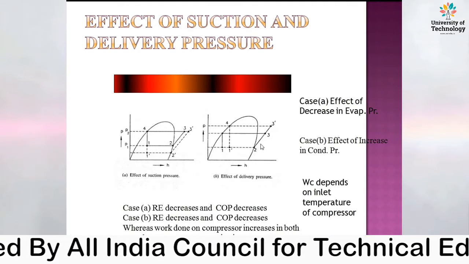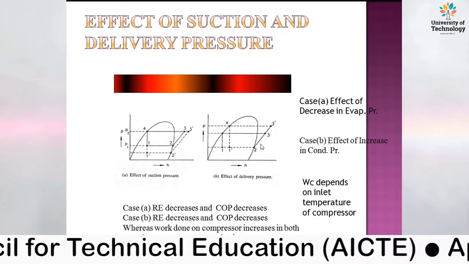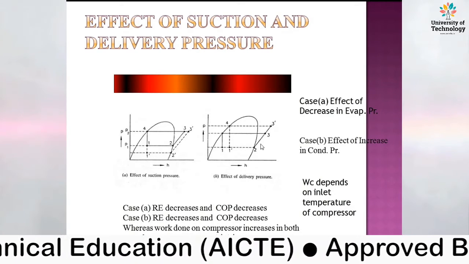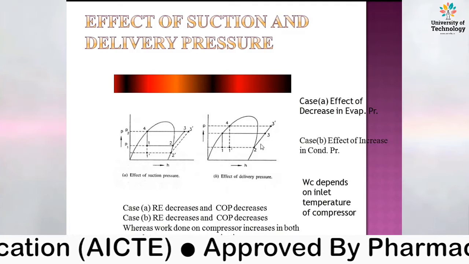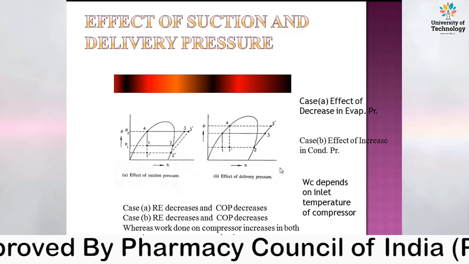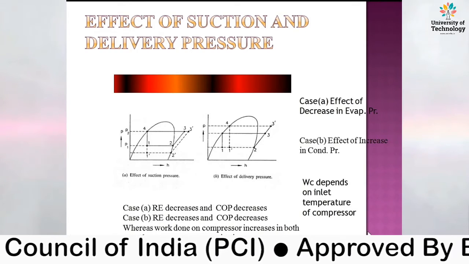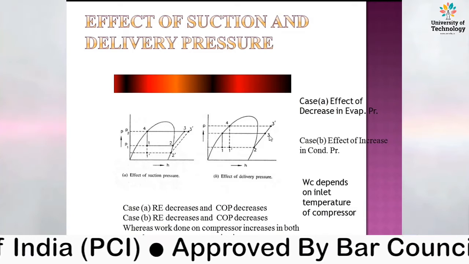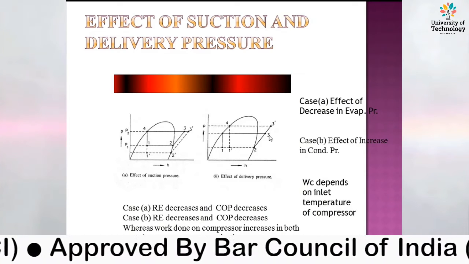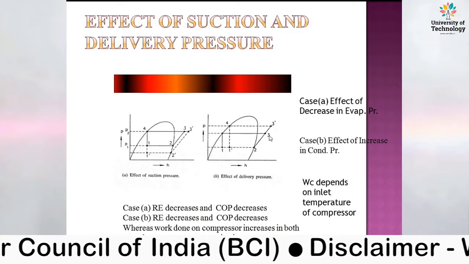So what will happen by increasing the pressure ratio? As we know, in this simple vapor compression refrigeration cycle a reciprocating compressor is used. The volumetric efficiency of a reciprocating compressor equals 1 plus C minus C times P3 upon P2 to the power 1 upon gamma, where P3 upon P2 is the pressure ratio.